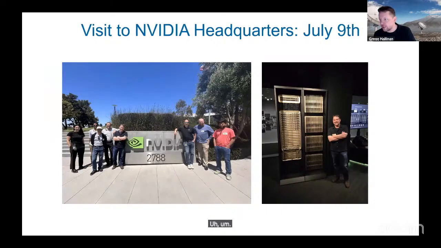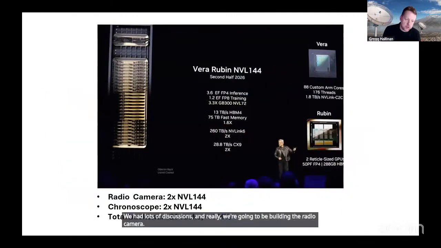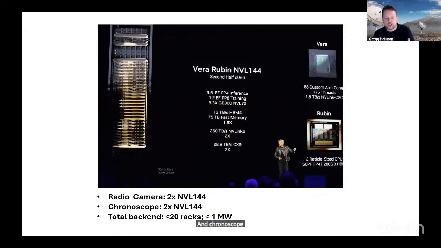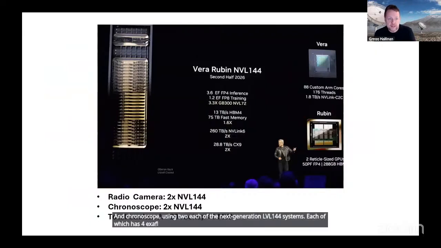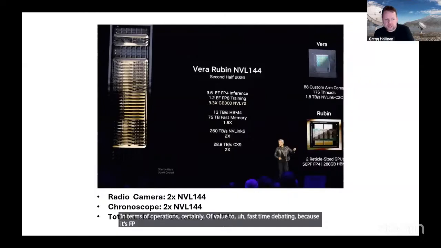we had lots of discussions, and really we're going to be building the radio camera and chronoscope using two each of the next generation NVL 144 systems, each of which has 4 exaflops in terms of operations, certainly of value to fast time domain because it's FP4, maybe FP8.